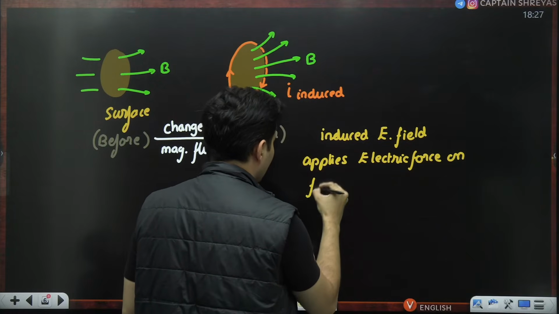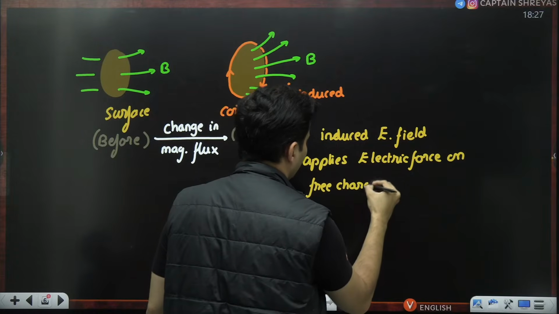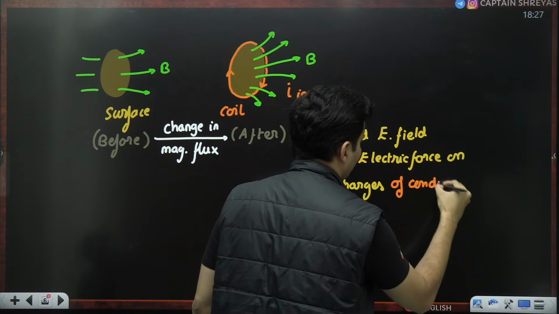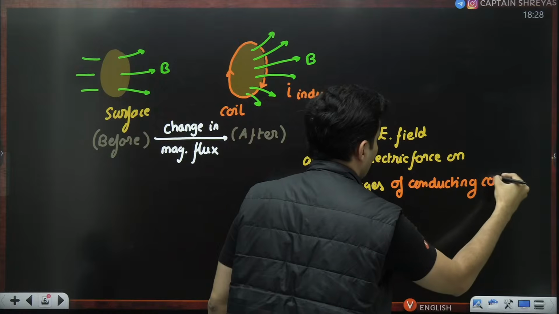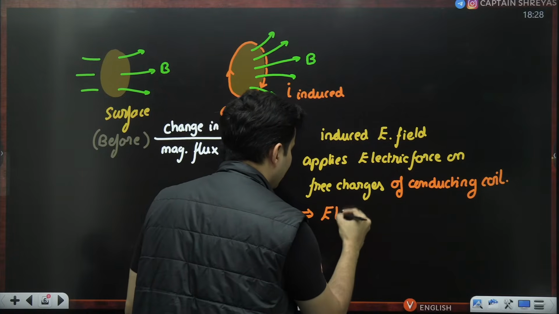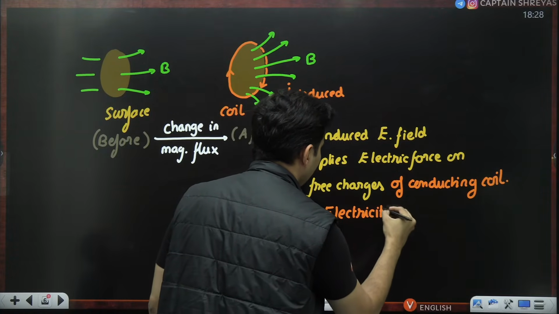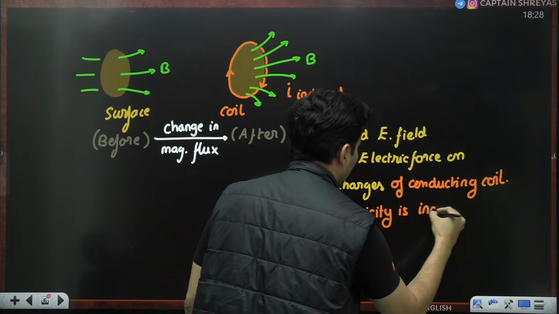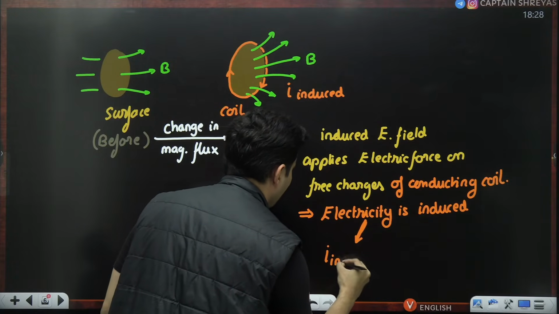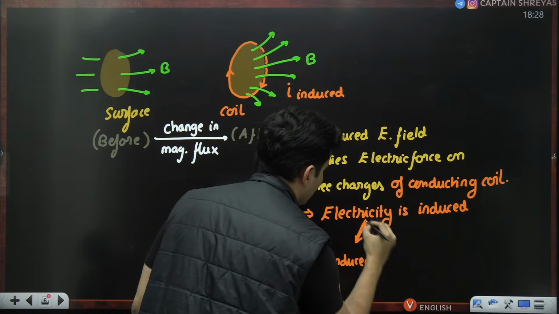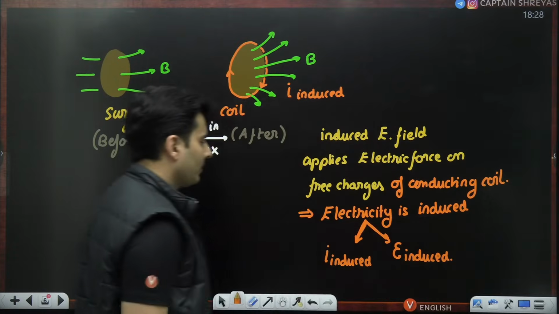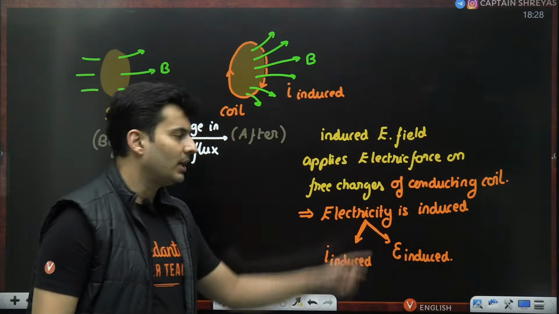The free charges on the conductor, on the free charges of the conducting coil. Thereby electricity is induced, and in the sense there is current which is induced in that coil, and also EMF which is induced in that particular coil.